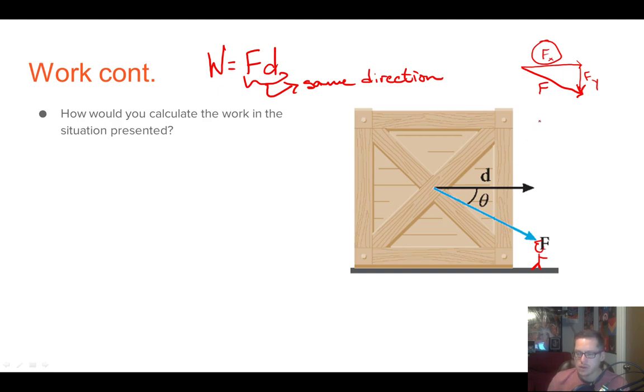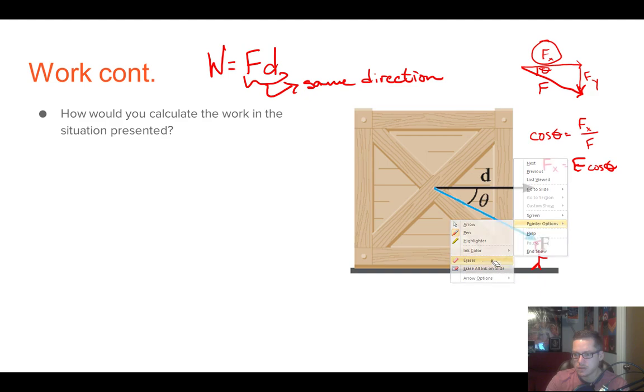If we think about this, our angle theta is right here, and we know that the cosine of theta is equal to F of x over the hypotenuse, which is just regular old F. So our F of x is going to be equal to F cosine theta. Let's erase so it's nice and clear here.